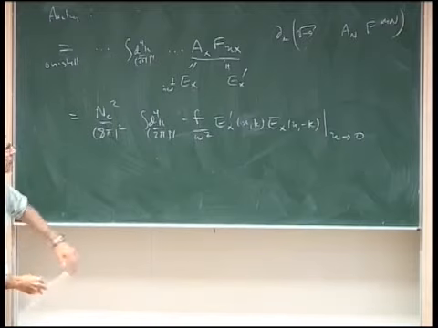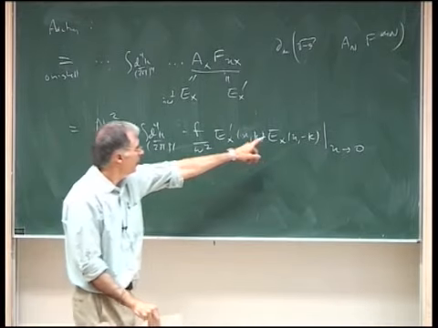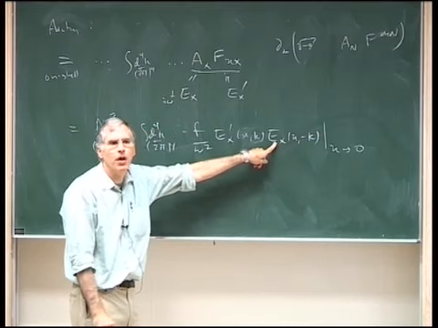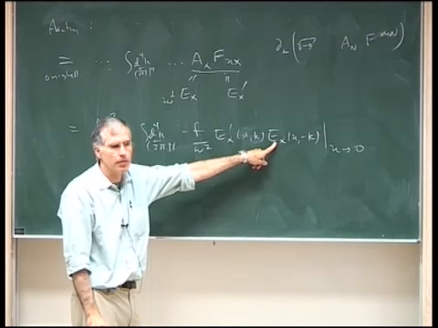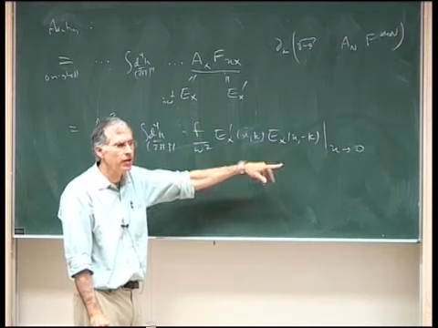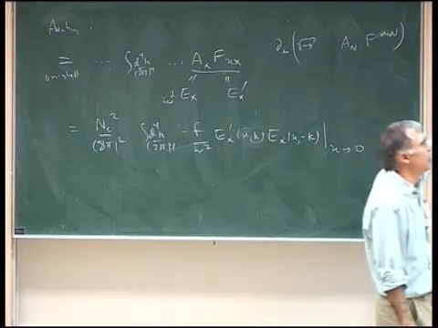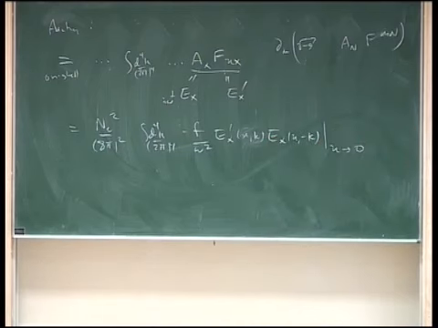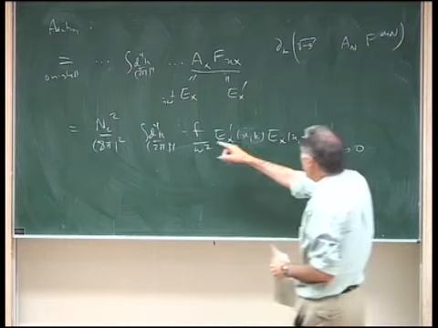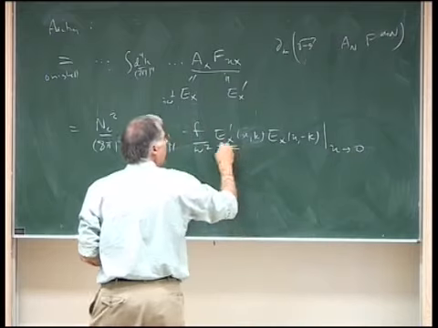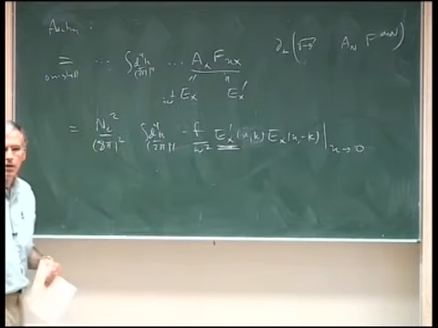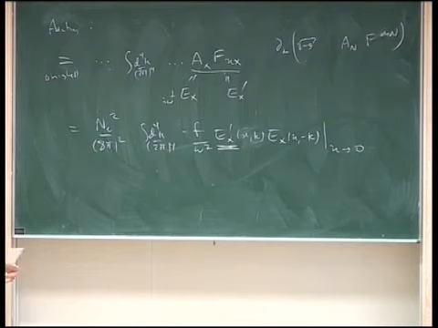OK. Well, the boundary behavior of the electric field is in essence what I've prescribed by saying I'm turning on an external electromagnetic potential. But what I need here to evaluate this is the near boundary behavior of the radial derivative of the electric field.